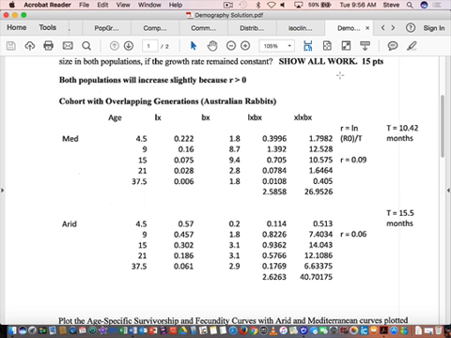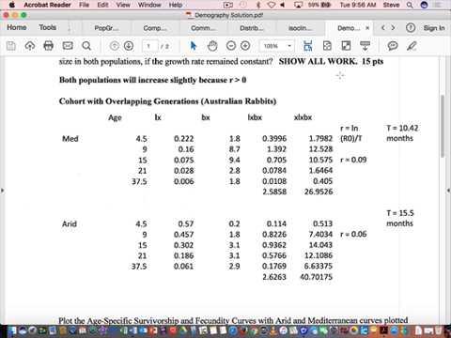Which one has higher mortality or lower survivorship, especially to 4.5, to 9, to 15? The Mediterranean population, right? Its survival rate 22.2%, 0.16%, 7.5%, up to 15 months. Whereas the other one's about 30%. What's causing that?